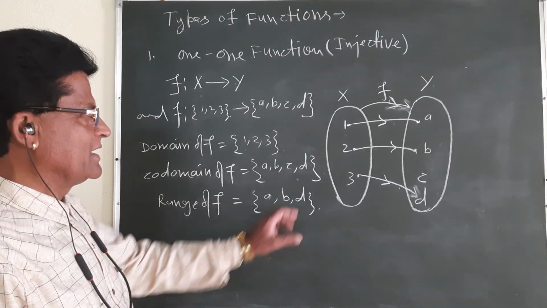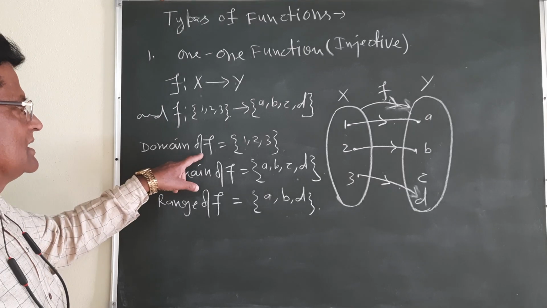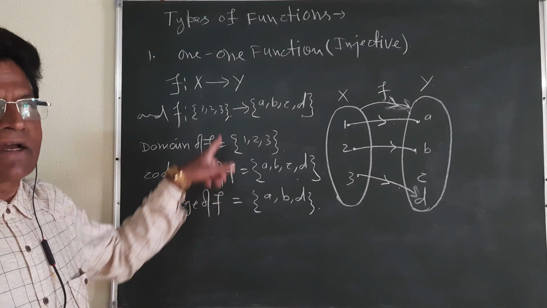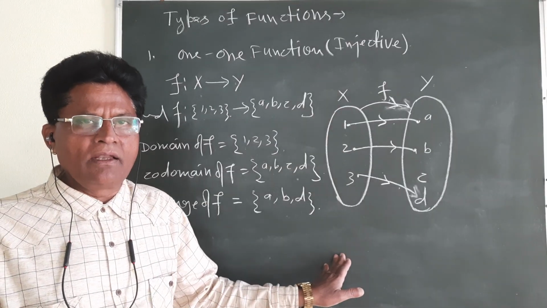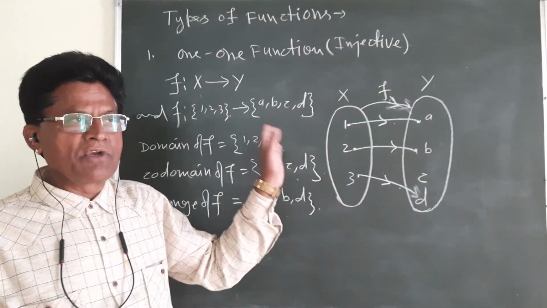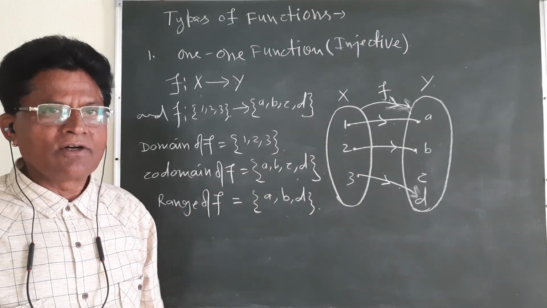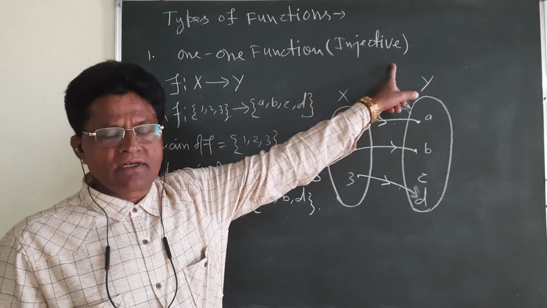Now my dear student, with the help of this example, I have discussed domain, codomain as well as range of functions. With the help of this example, I will explain one-one function. Similarly, onto function means surjective function. One-one function is injective function.